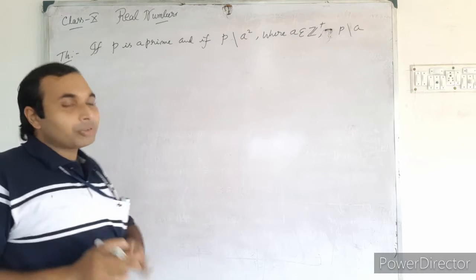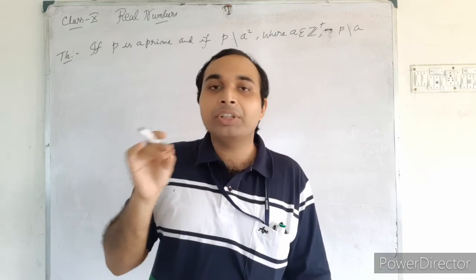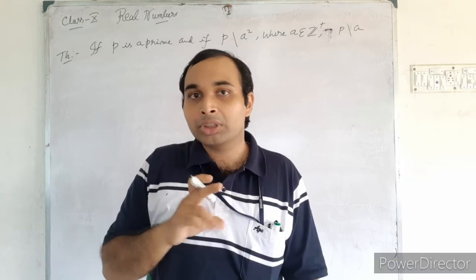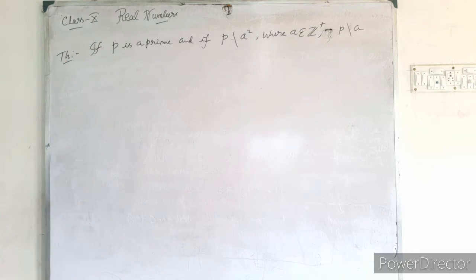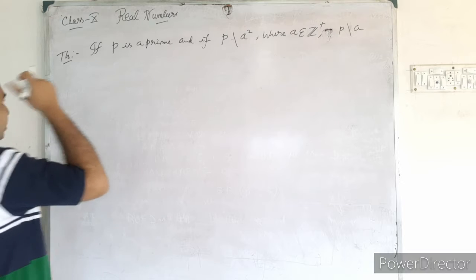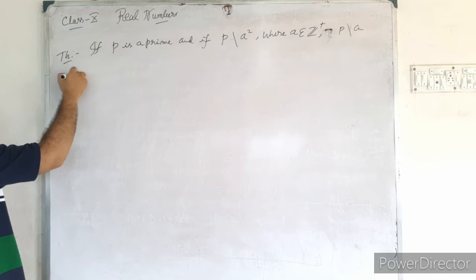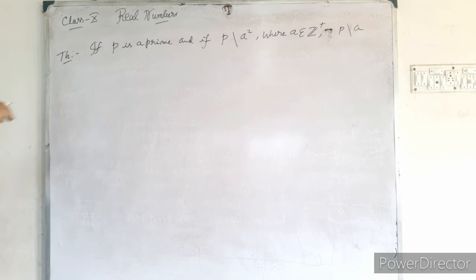The proof of the theorem is not there, but its application comes each and every year. So you have to do those applications. What type of application comes?